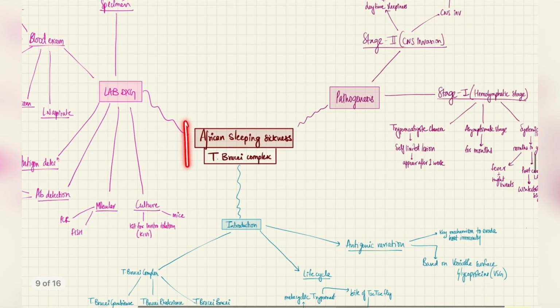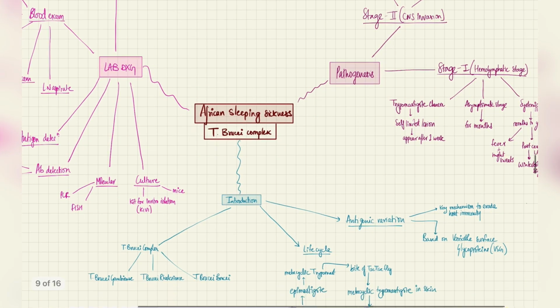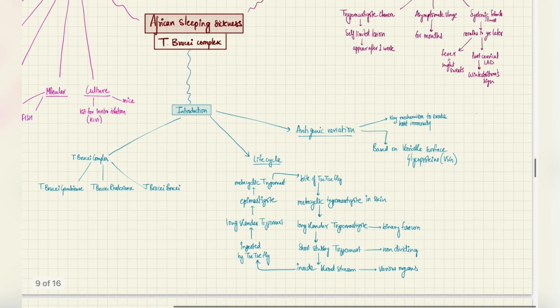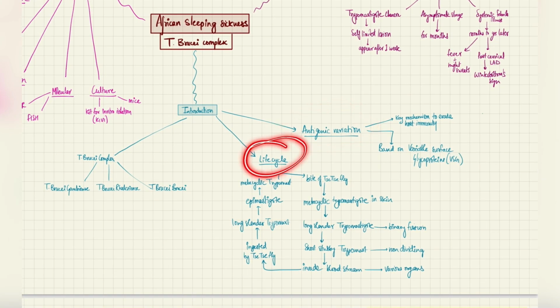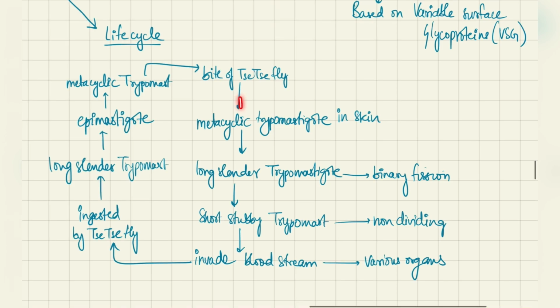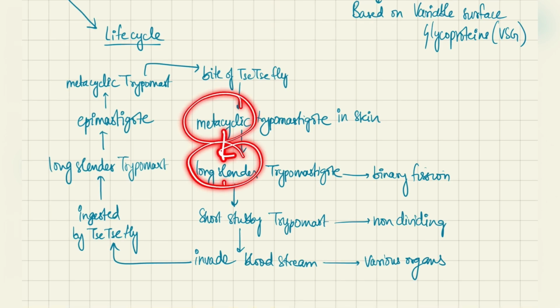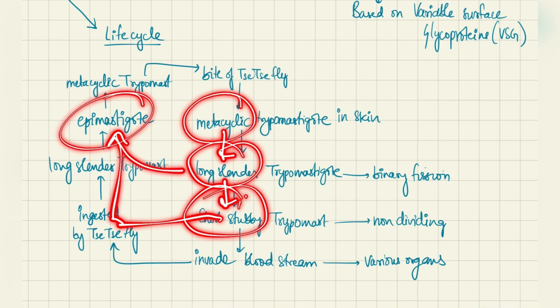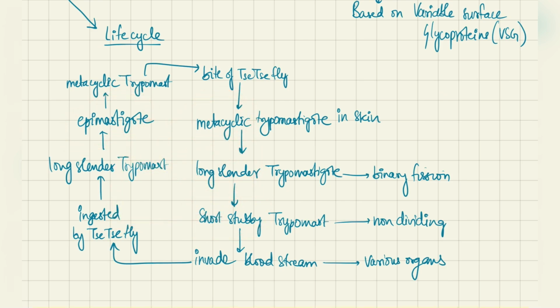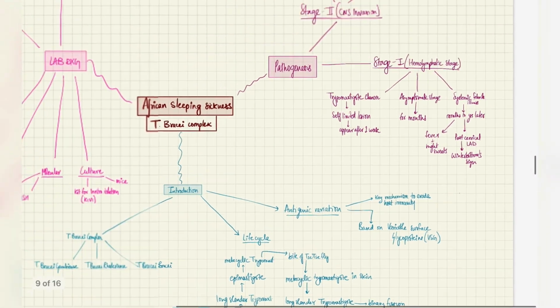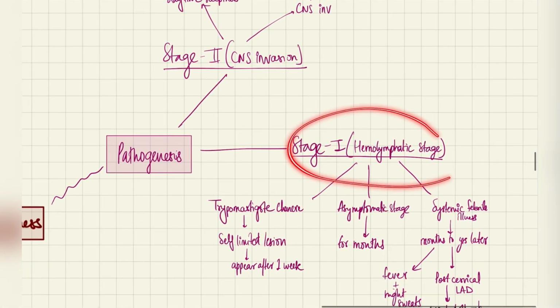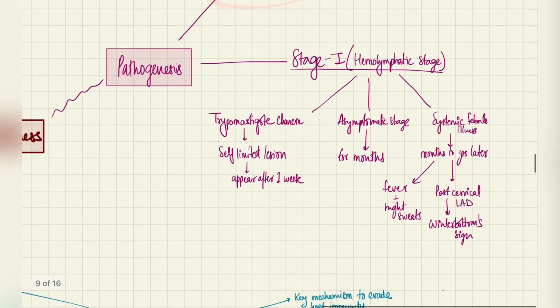So this was African sleeping sickness caused by the Trypanosoma brucei complex. It shows antigenic variation. The life cycle involves metacyclic trypomastigotes, long slender, short stubby trypomastigotes, in the fly just an epimastigote, and then back to long slender and metacyclic. Then pathogenesis, we saw two stages, the hemolymphatic stage and the CNS invasion stage.